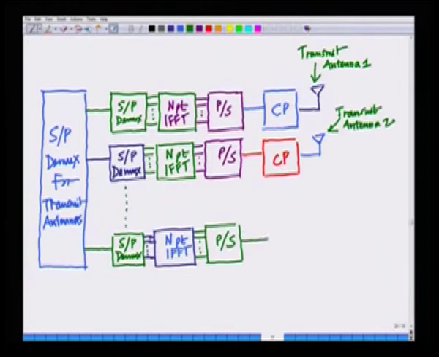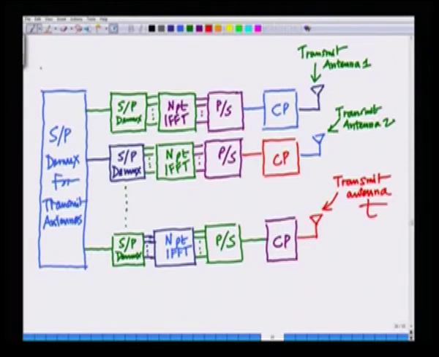Before that, of course, I add the cyclic prefix now at the Tth transmit antenna. So, this is the addition of the cyclic prefix, and this is the transmit antenna T. So, this is the Tth transmit antenna.